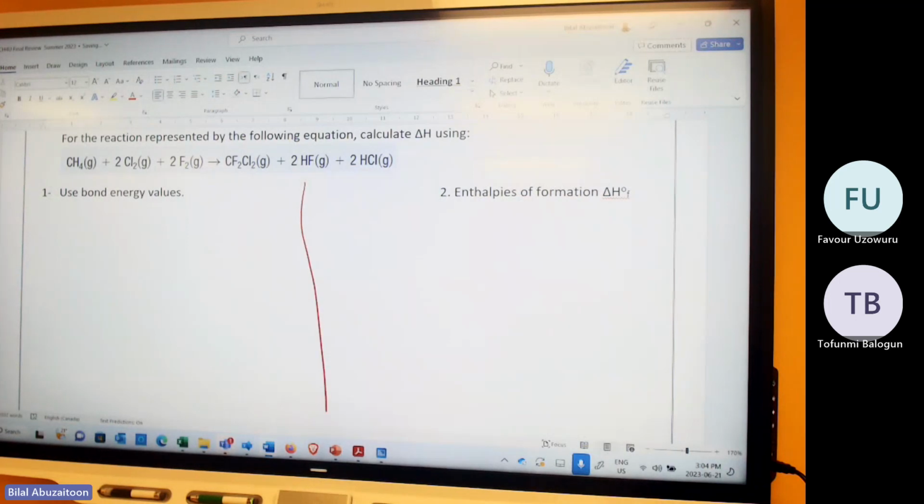Using bond energies, first of all, you should write the Lewis structure.